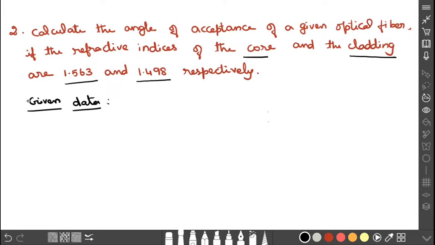The refractive index of the core is N1, which is equal to 1.563, and the refractive index of the cladding is N2, which is equal to 1.498.